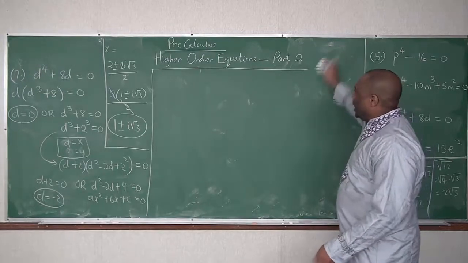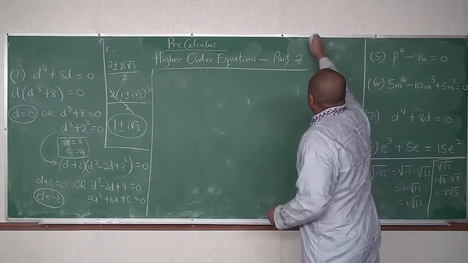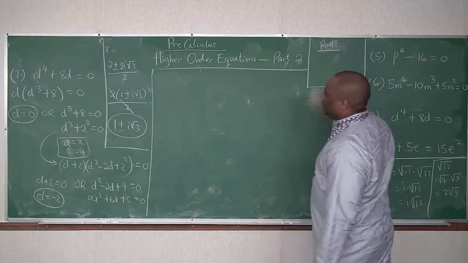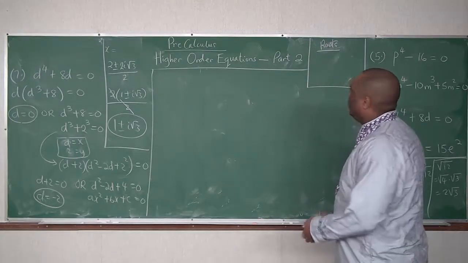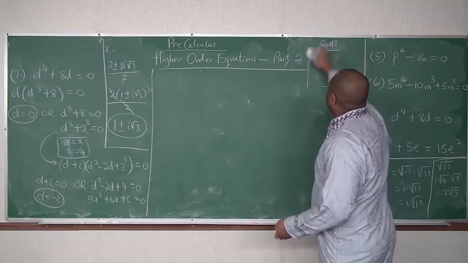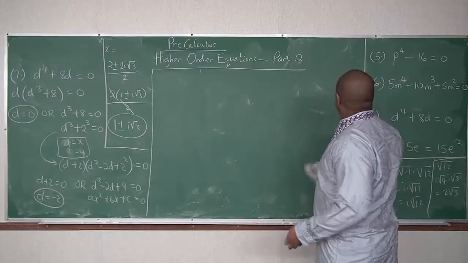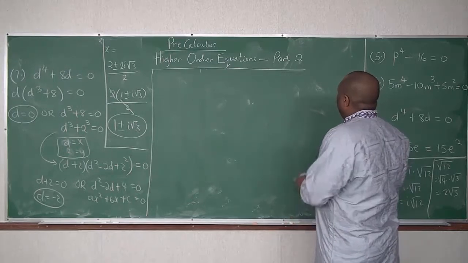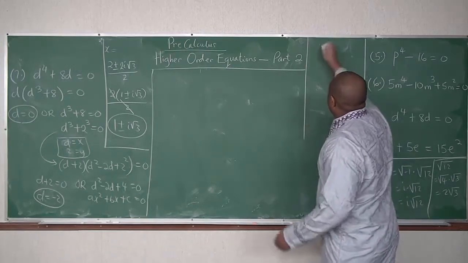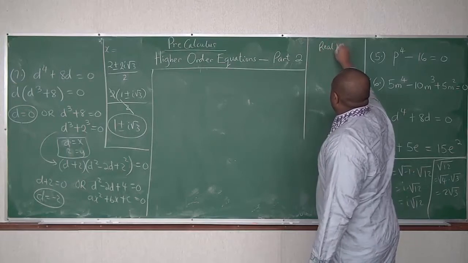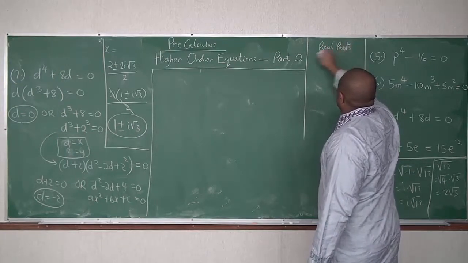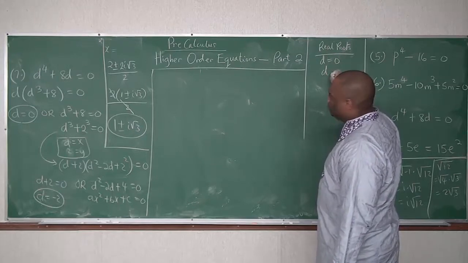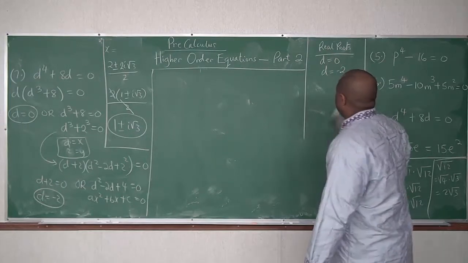Okay, so what do we have now? The roots are what? Of course, we have the real roots and imaginary roots. Let's list them. The real roots are d equal to 0 and d equal to -2.